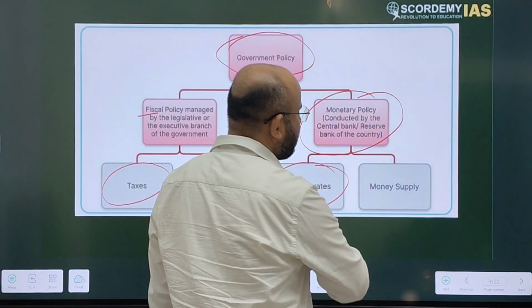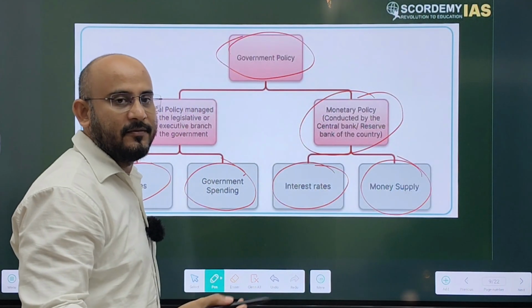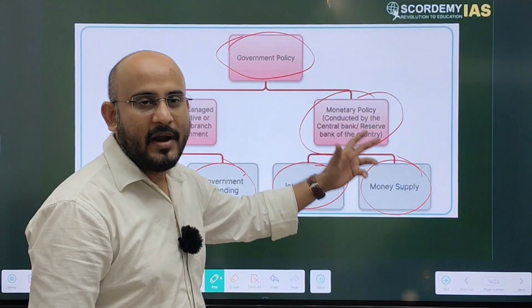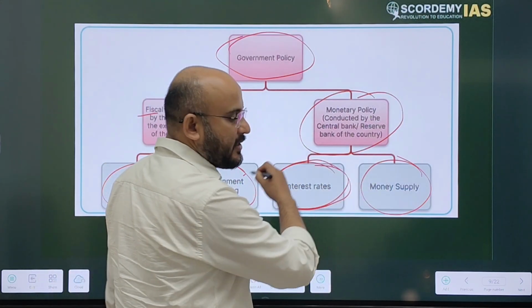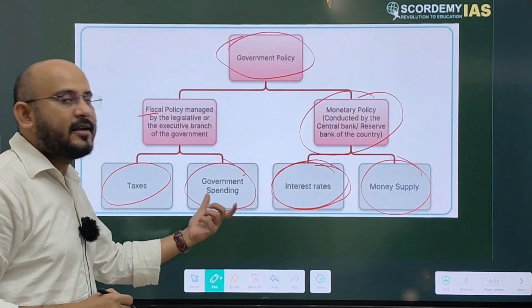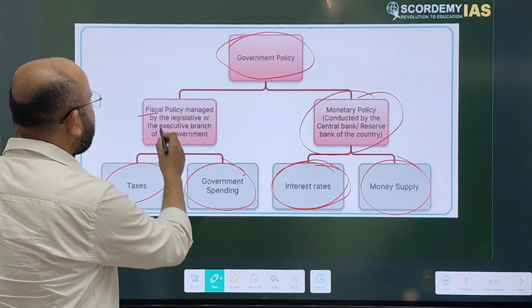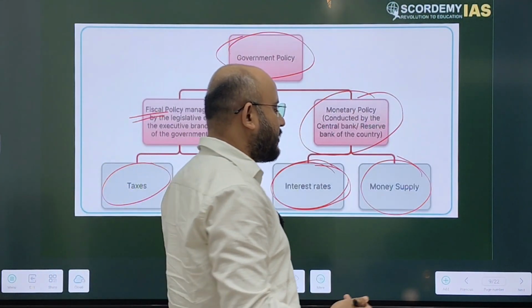RBI কি দিয়ে আমাৰ interest rates, and RBI controls money supply, ঠিক আছে, through inflation control করে. Interest rates is like through repo rate, reverse repo rate, bank rate, RBI controls the interest rates, ঠিক আছে. Government spending through subsidy, তাৰপিছত আমাৰ expenditure যিবোৰ আছে গভৰ্নমেন্টৰ, এইবোৰ কিহৰ আন্ডাৰত পৰে, through fiscal policy. So here you can answer such kind of questions, ঠিক আছে.